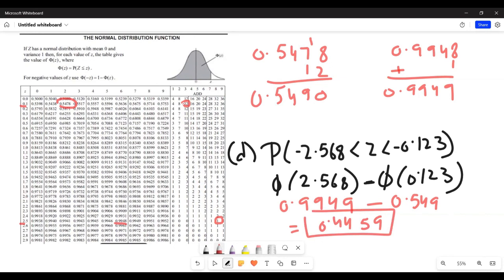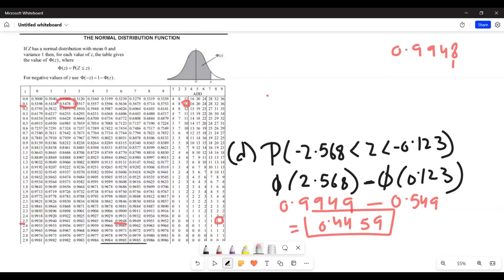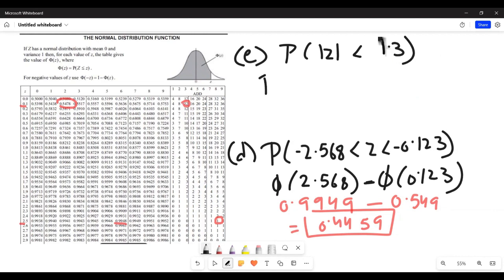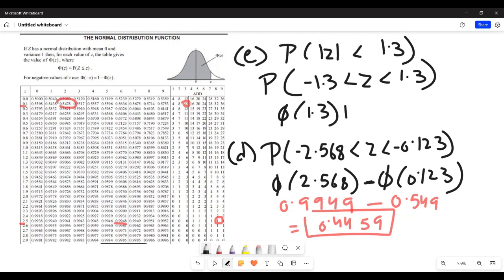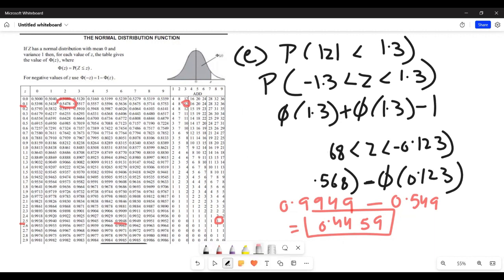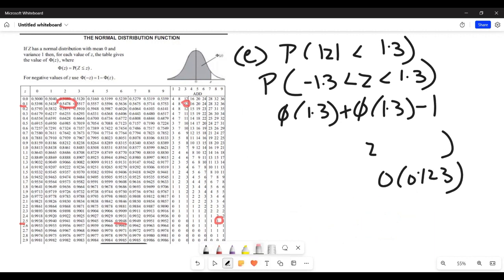Okay, let's do one more. Probability modulus of z is less than 1.3, which means probability z is in between minus 1.3 and 1.3, which means that we have to find phi 1.3 plus phi 1.3 minus 1. Instead, we're finding 2 phi 1.3 minus 1.